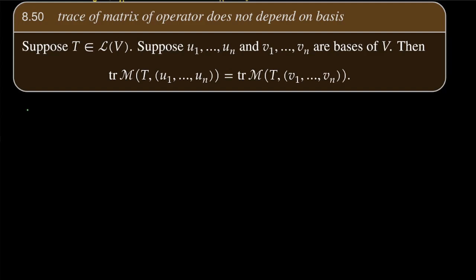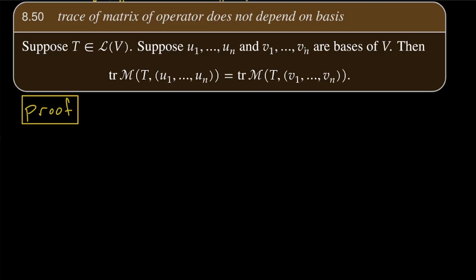So here's the fact, as you've probably been staring at on the screen, that lets us do this. This lets us define the trace for an operator. It says that, suppose T is an operator on V, a finite dimensional vector space, and suppose that u1 through un and v1 through vn are two different bases of V, or potentially even the same basis.